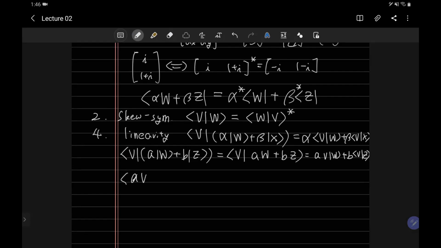So what will be the value of this one? From the skew symmetry, we know this value can be rewritten as the following. It should be almost symmetric to the original situation. But it is not just like that, we should not forget about the complex conjugation.